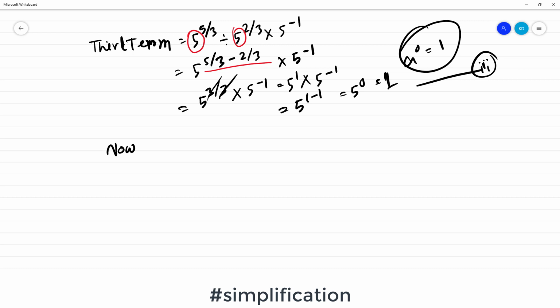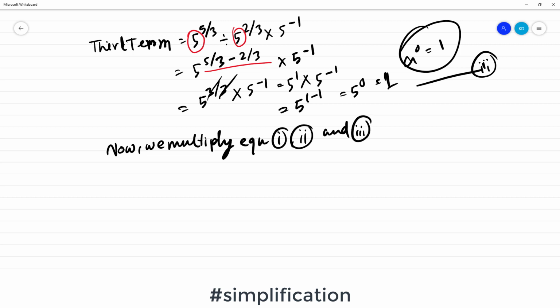Now if we multiply this equation, number 1, number 2 and number 3, we get 1 into 2 by 5 into 1, which is equal to 2 by 5. So this is our final answer.